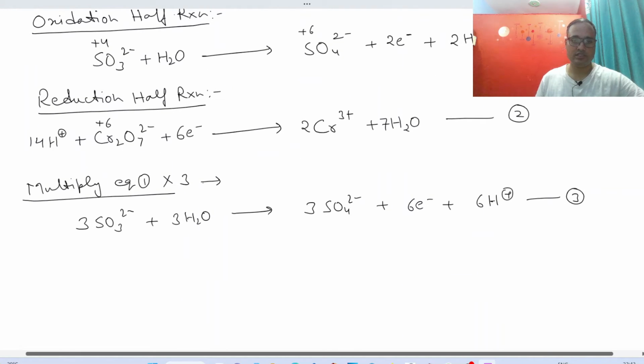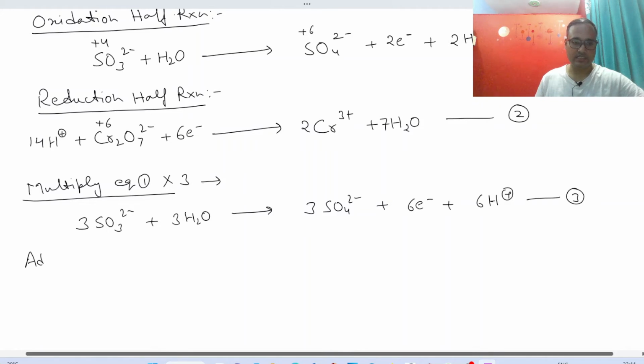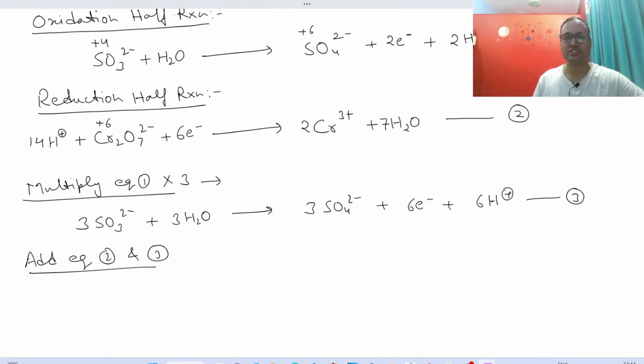After that, the number of electrons in the oxidation half reaction and the reduction half reaction are equal. Now add equations 2 and 3. When we add equations 2 and 3, the same species present on the left hand side and the right hand side get cancelled, like 6 electrons cancelled by 6 electrons. For water molecules, we have 3 on the left hand side and 7 on the right hand side, so we can write 4H2O.